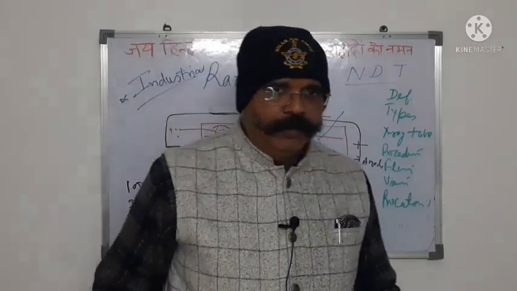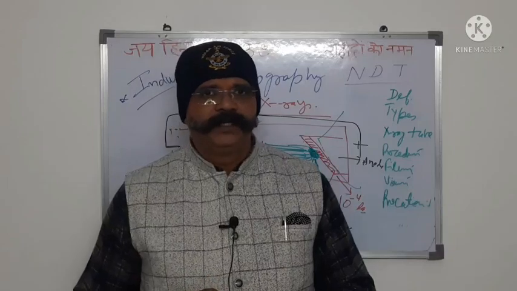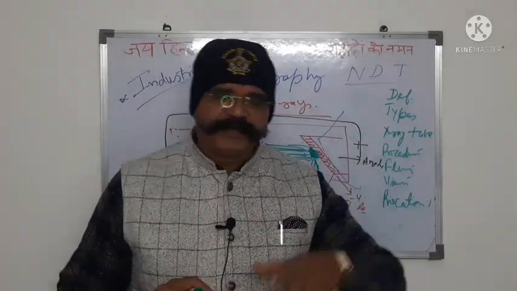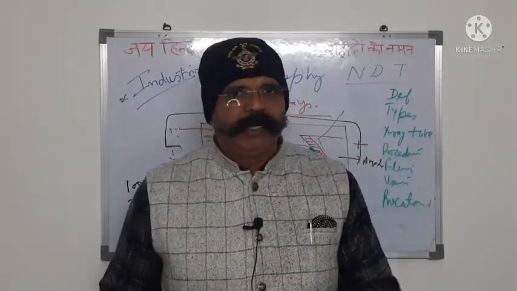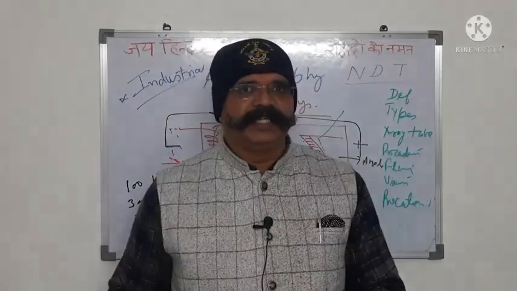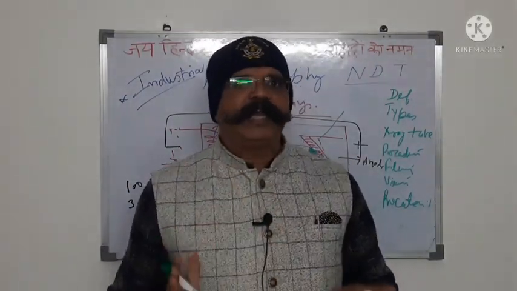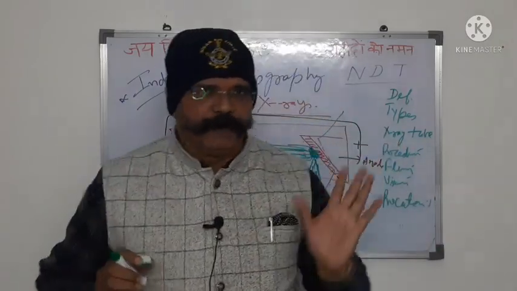Now, when these electrons strike the atom, some other phenomena also take place. Some type of scattering takes place, Compton scattering and all. That I will discuss in the detailed NDT level 2 class, when I will teach you the attenuation factor of the material.